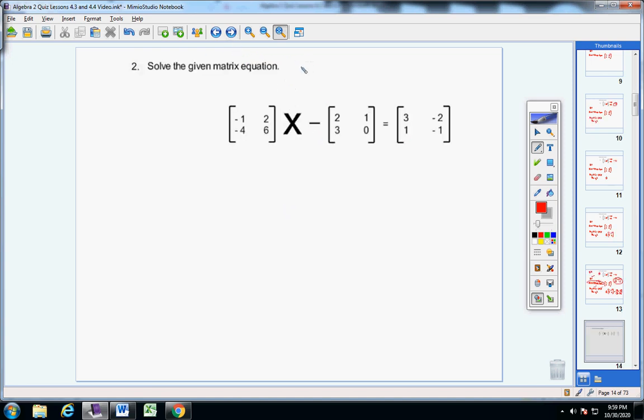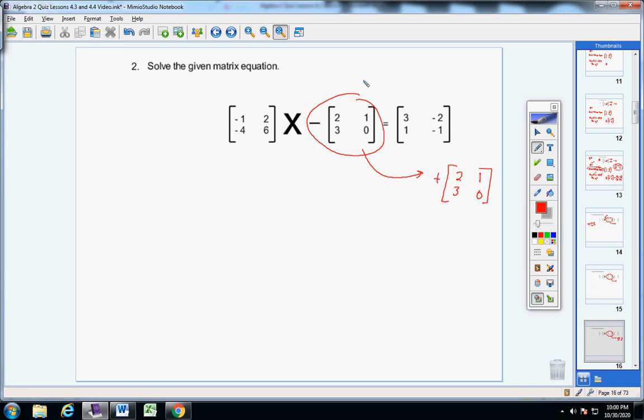Alright, we're going to solve this equation, which means we have to get x by itself. Okay? So if we're going to get x by itself, if you had an equation like this, the first thing you would do is you would bring the 5 over and make it a positive 5. So let's bring this over and make it positive, and it looks like this. Okay?